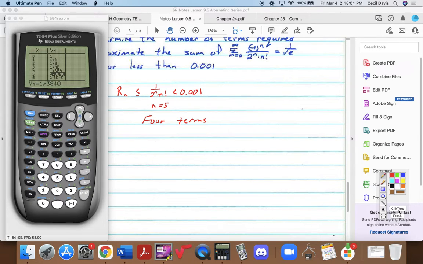That's not the best way to write it. Write it this way instead. R sub n is less than or equal to the n plus first term, so 1 over 2 to the n plus 1 times n plus 1 factorial, is less than 0.001. Sorry.